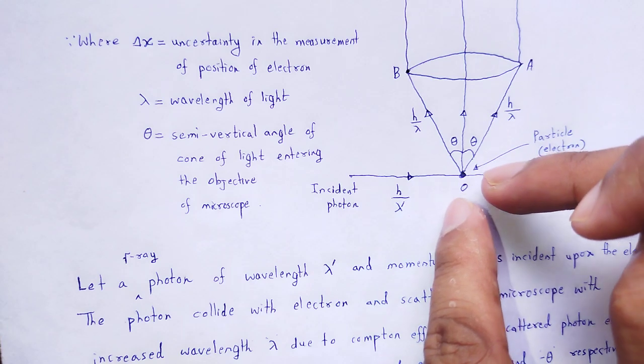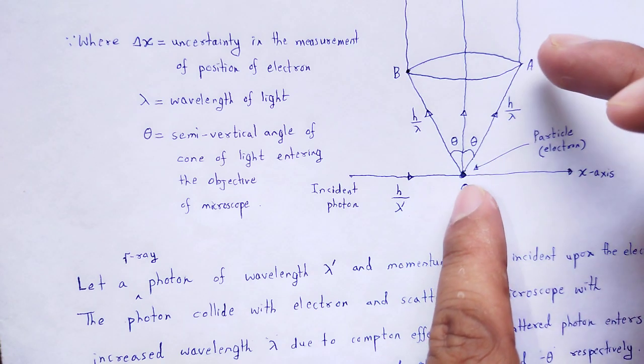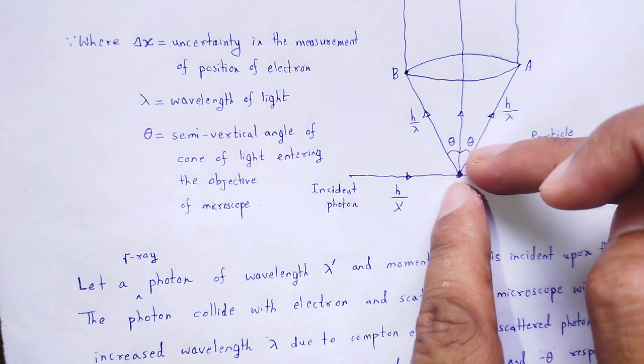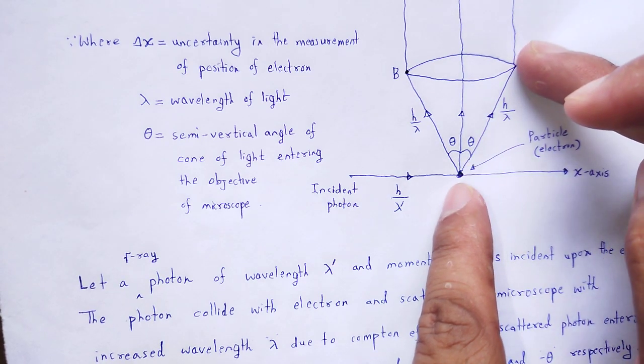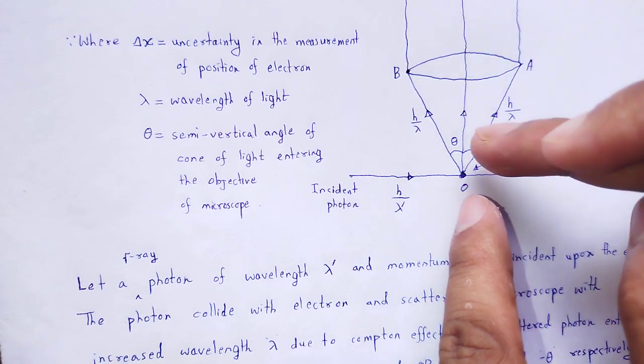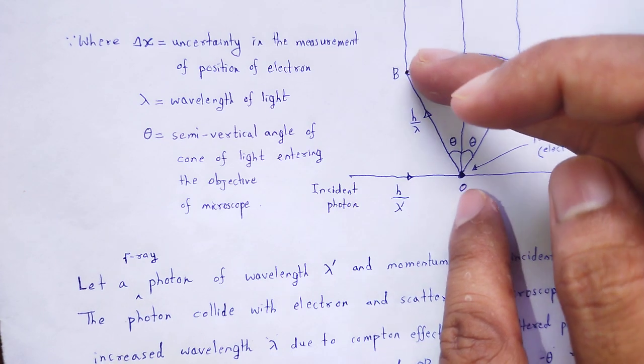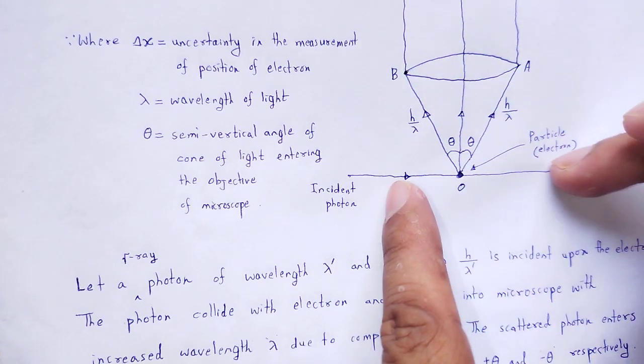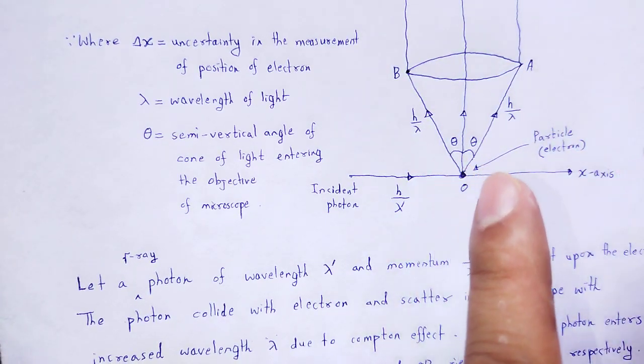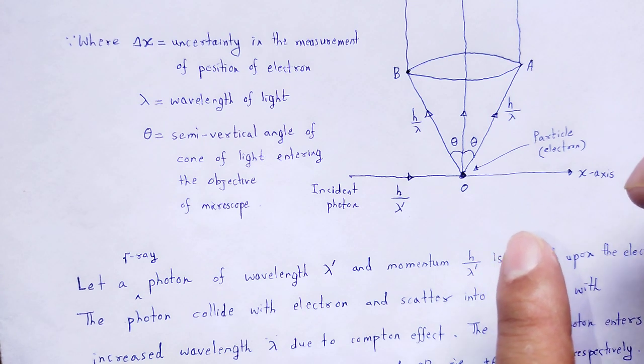So first we showcase, due to that plus theta, what will be that momentum along x direction, and again due to that minus theta, what will be the momentum along x direction, and finally the uncertainty in that momentum.